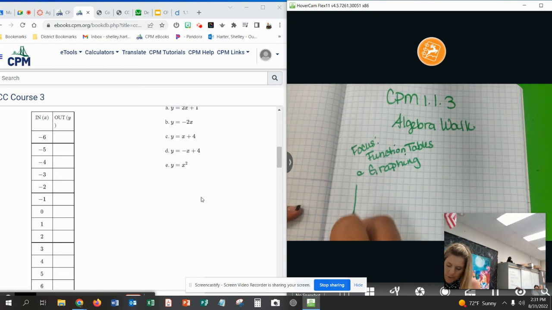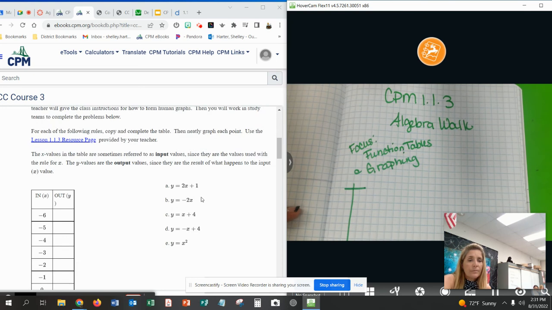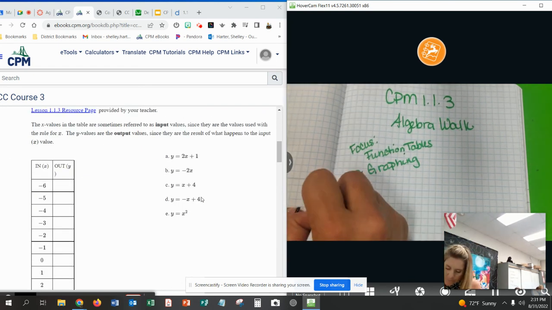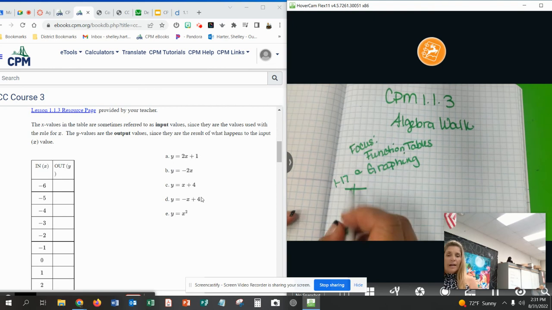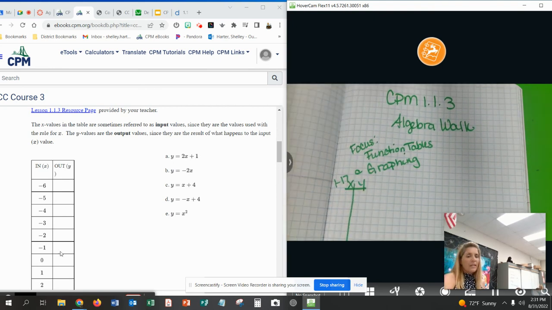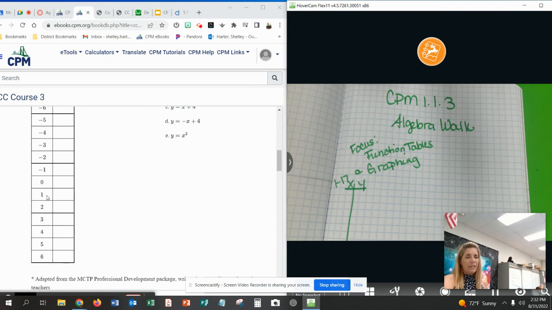Okay, so first off, for 1-17, I need an X and Y table. And I'm not going to fill it in with the -6 through -1. I'm just going to fill it in with 0, 1, 2, 3, 4, 5, 6.